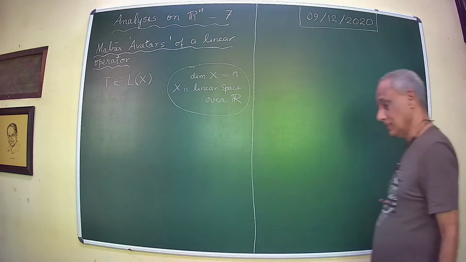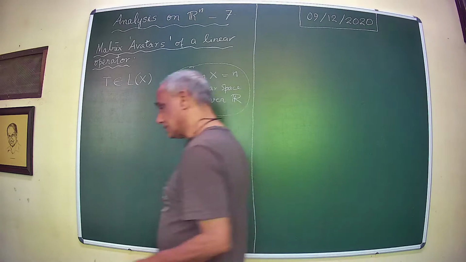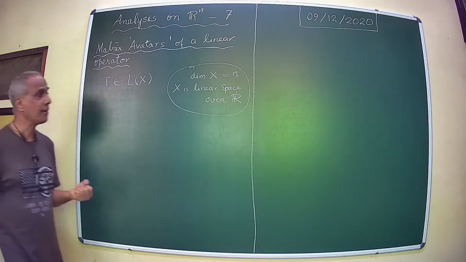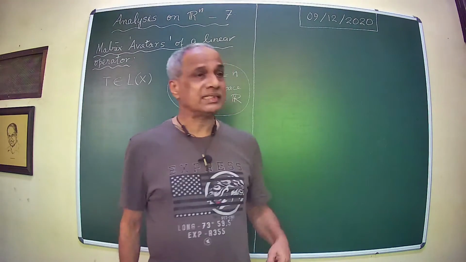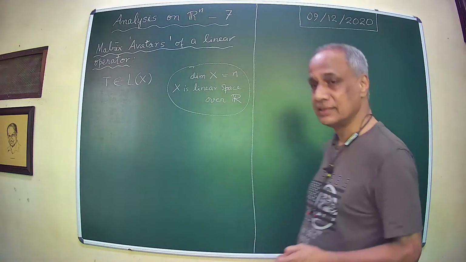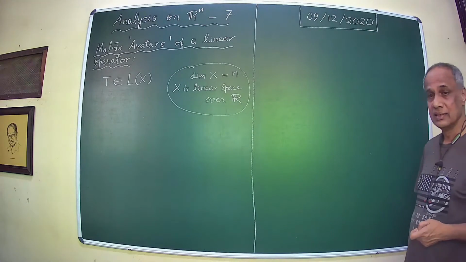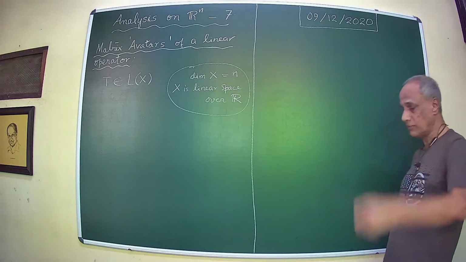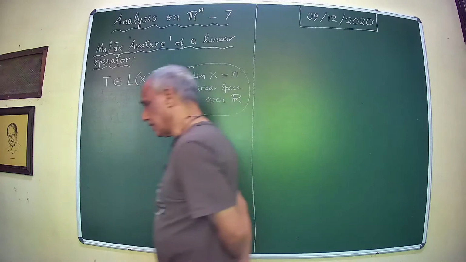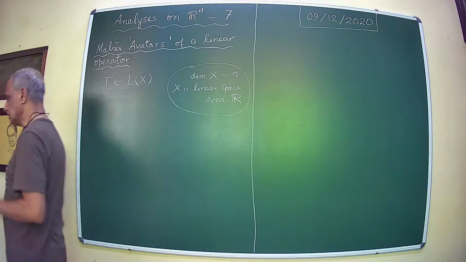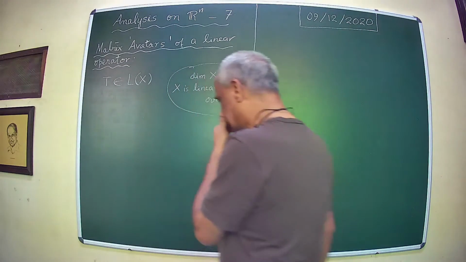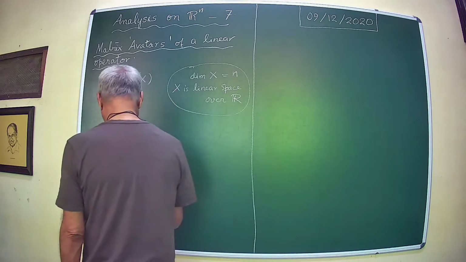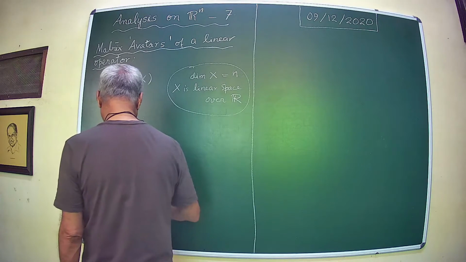Conversely, if there is an isomorphism of X onto Rn, then it determines an ordered basis, and the ordered basis corresponds to the isomorphism. Okay, so the two things are synonymous. So what I have is the following picture. So I have X here.